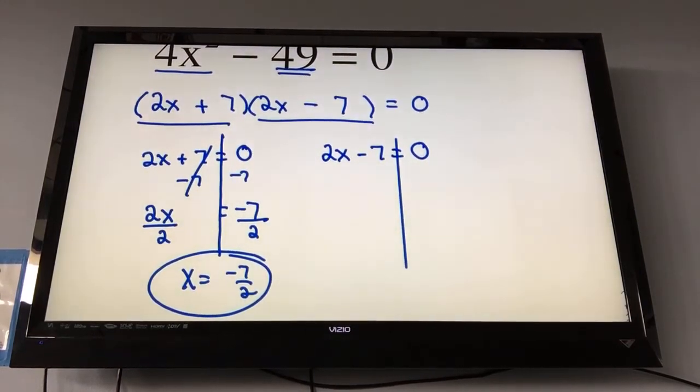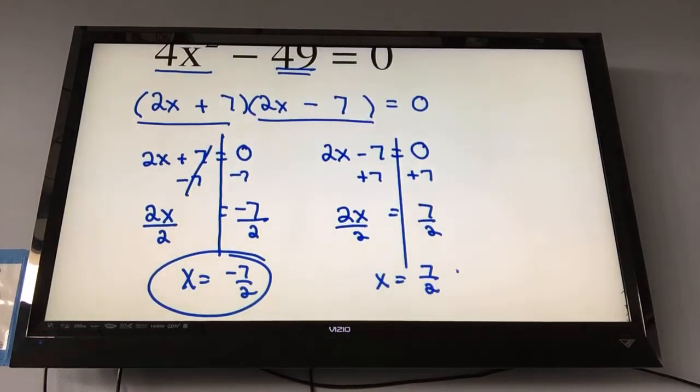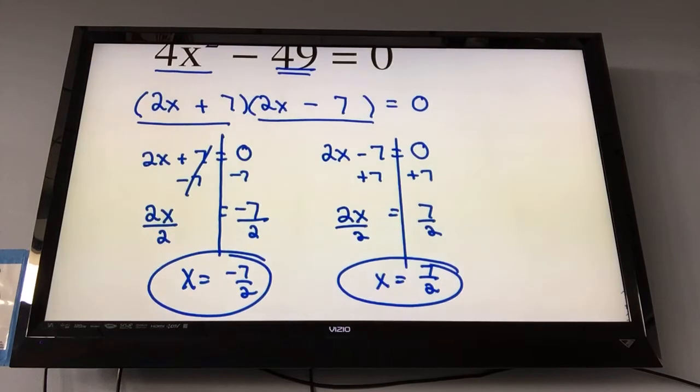And on the other one, I'm going to add 7. So 2x equals +7. Divide by 2, and x is +7 halves, or 7 over 2.